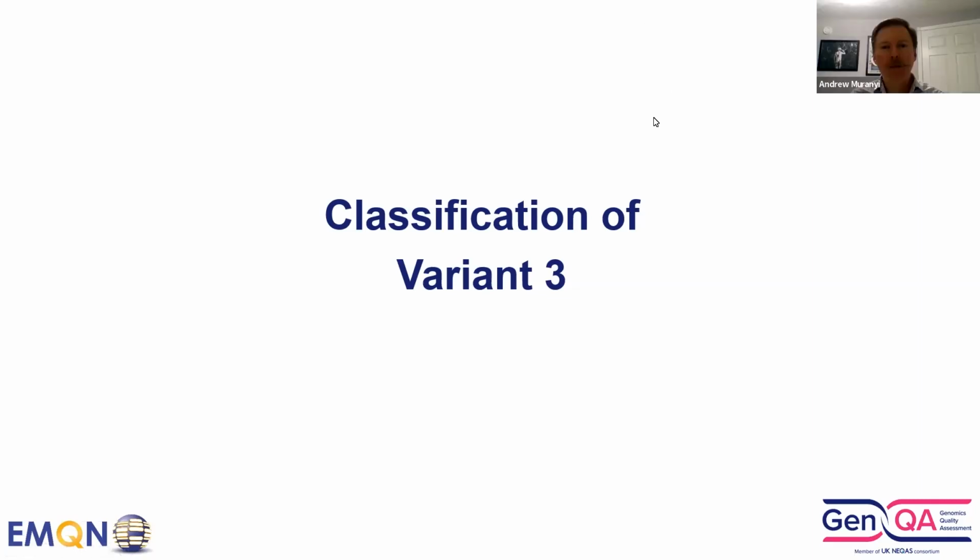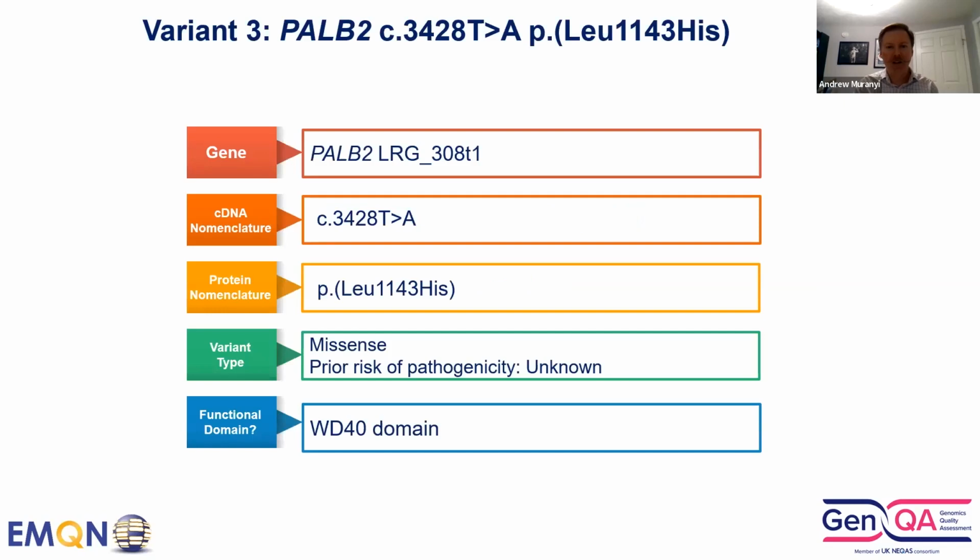Thank you. I'm going to go over the two PALB2 variants from this scheme. The first PALB2 variant is c.3428T>A, a leucine to histidine. It is a missense variant found in the WD40 domain.